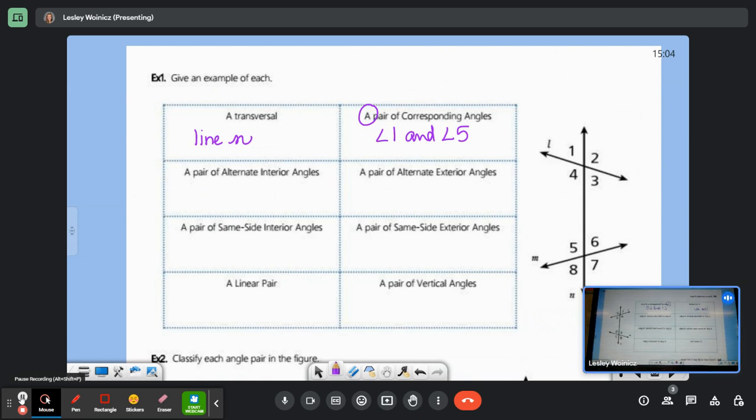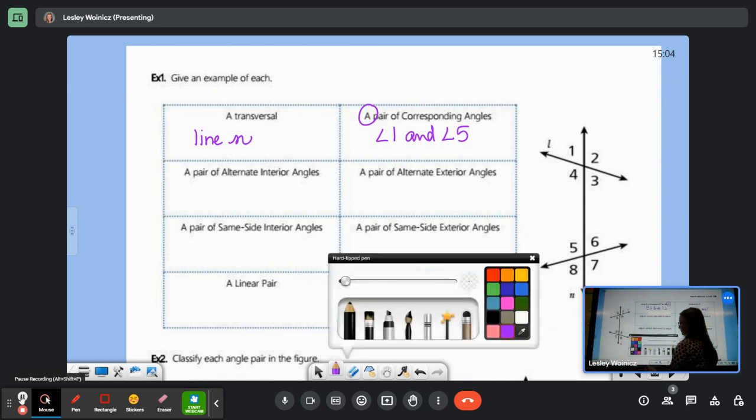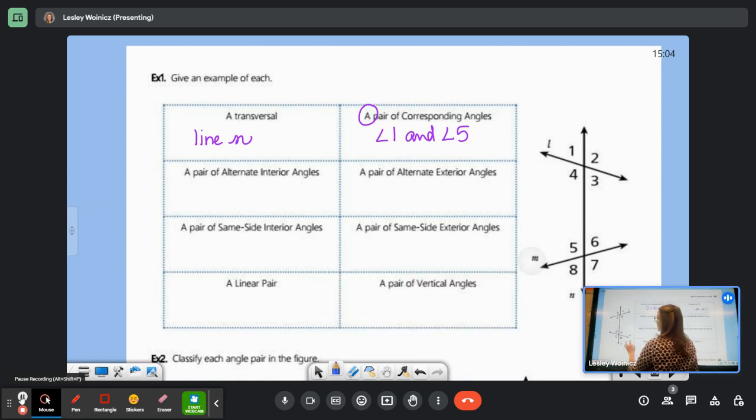What about alternate interiors? 3 and 5. Good. Angle 3 and angle 5. Alternate exteriors. So angle 2 and 8. Good.